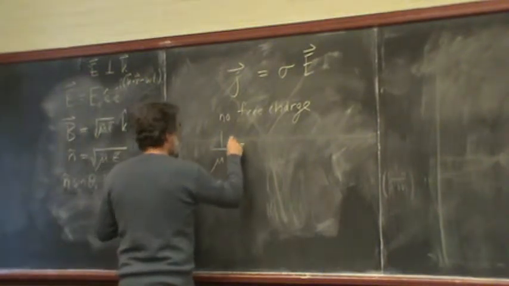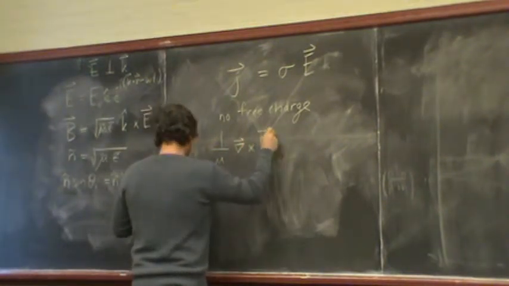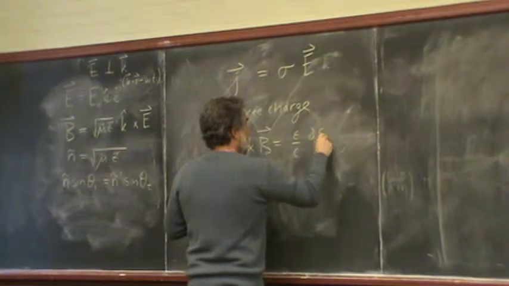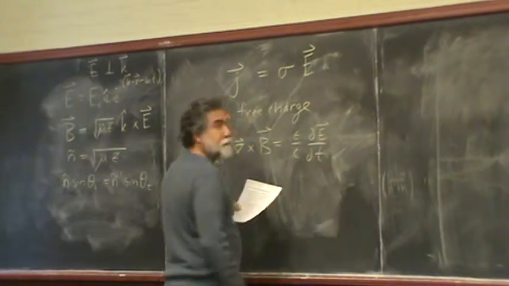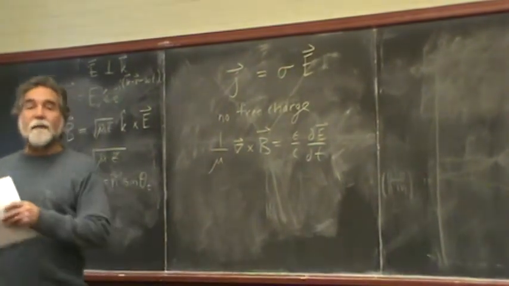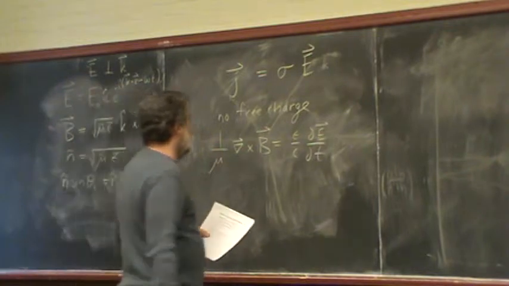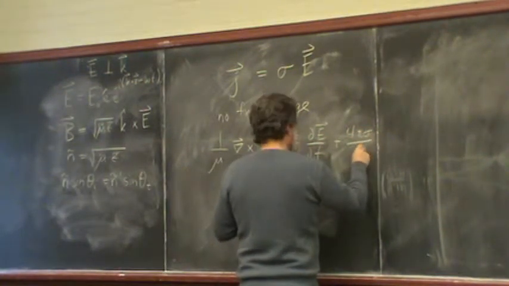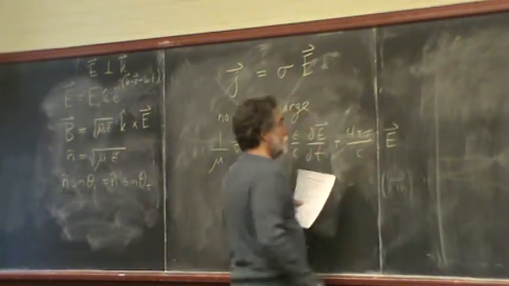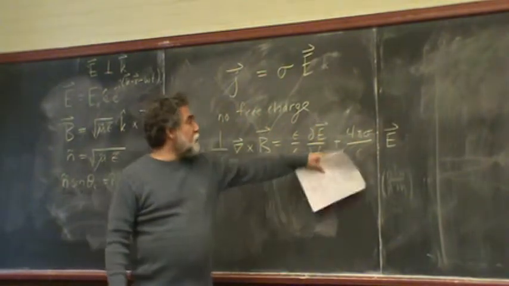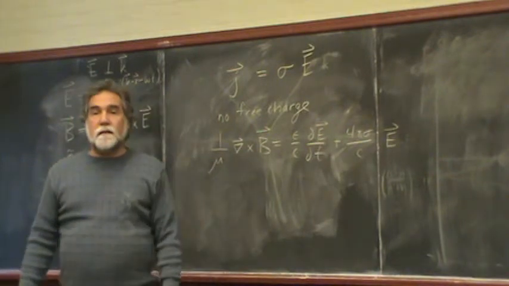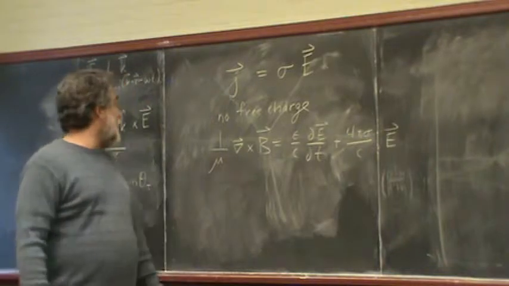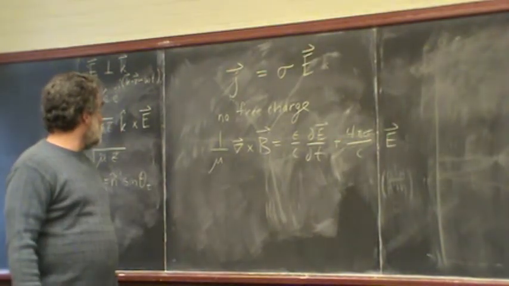For the magnetic field, curl B equals my displacement current, which is what I would have had for propagation in vacuum, plus 4 pi over c times the current term, 4 pi j over c. These are CGS, that's why there's a 4 pi over c in there.